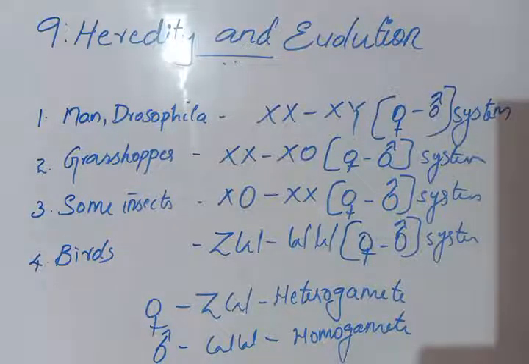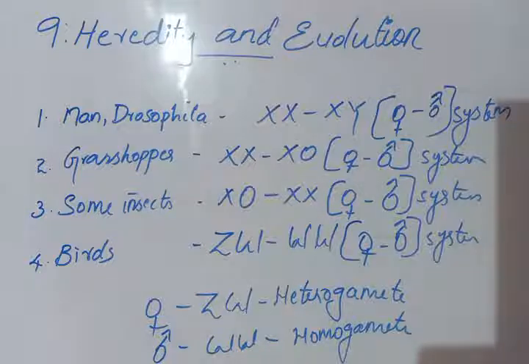Okay, so these are the different systems of sex determination. Man and Drosophila follow XX, XY. XX will belong to female, XY will belong to male. In case of grasshopper, it is the XX, X0 type. XX will belong to female, X0 belongs to male. In case of some insects, it follows the X0, XX system.